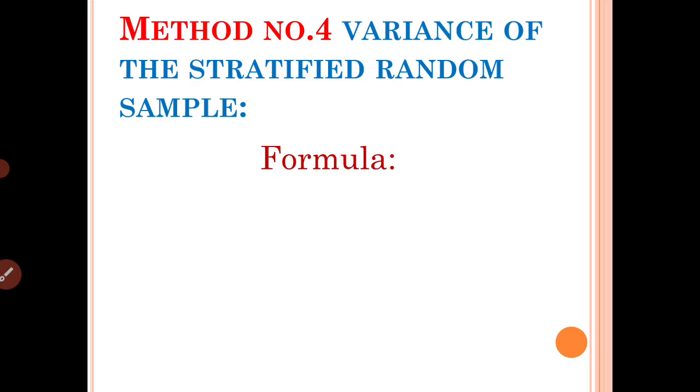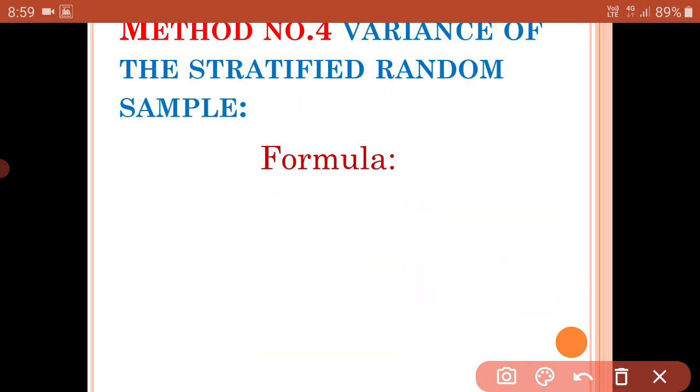If the population is divided into k strata and y bar st is the stratified mean, the variance of y bar st is found by the following formula. Remember this formula first.